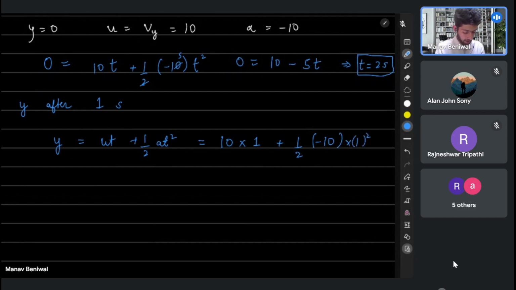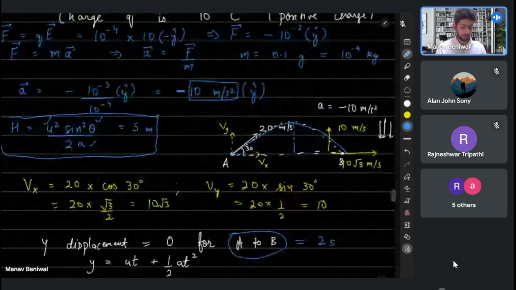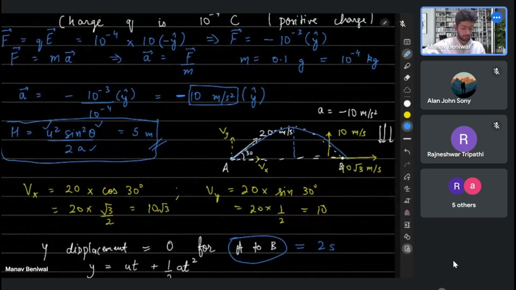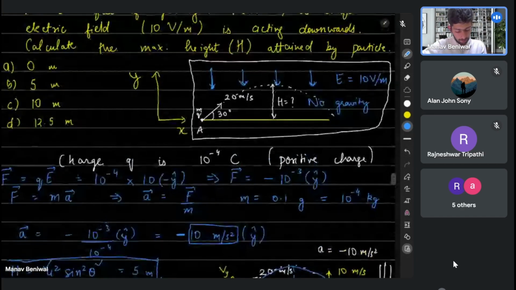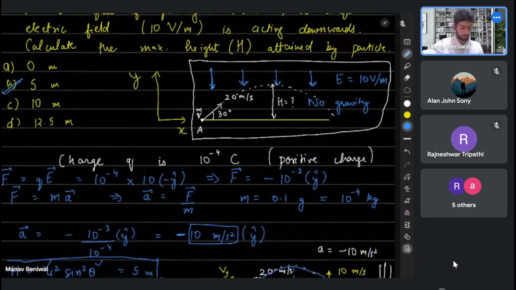So we get y, or in this case let's write height h, and this will be 10 minus 5, which is nothing but 5 meters. Which is the same as what you would have got if you just plugged in the formula. So the answer to this problem is B, 5 meters.